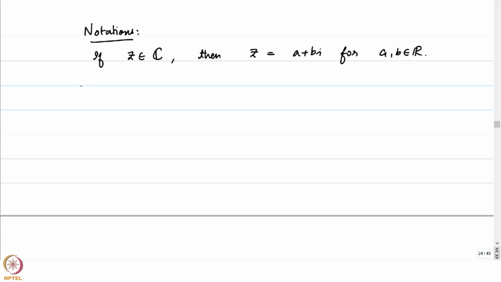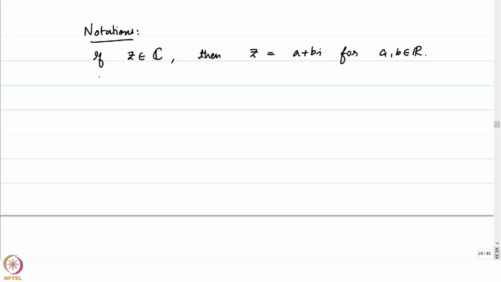So in this course, if z is a complex number, then z = a + bi for a, b in R. This is the expression for the complex numbers that we will be using. What are a and b?